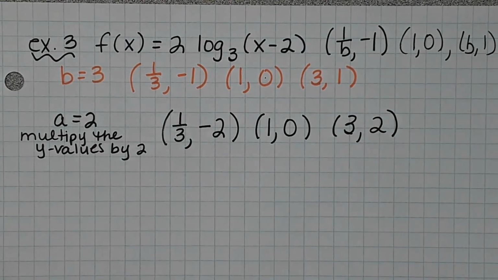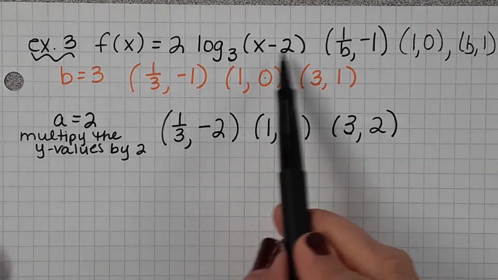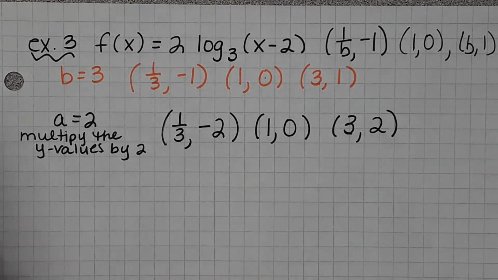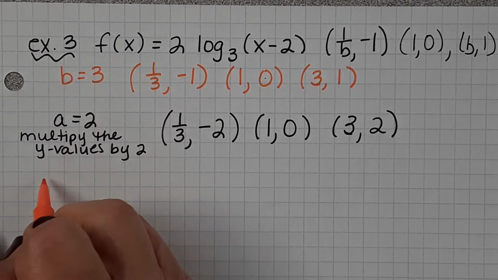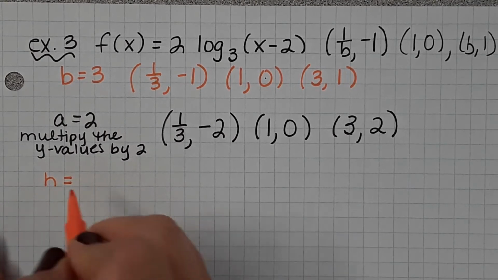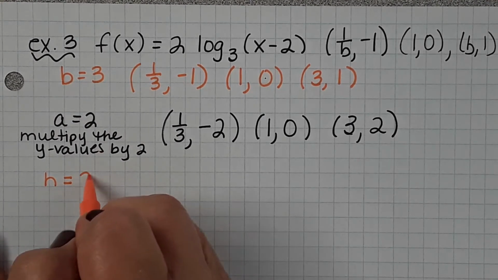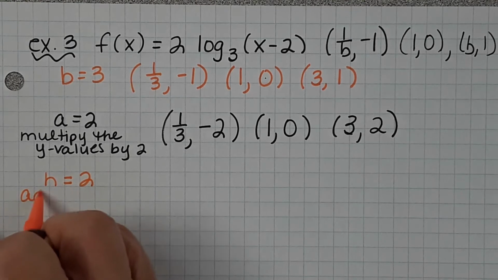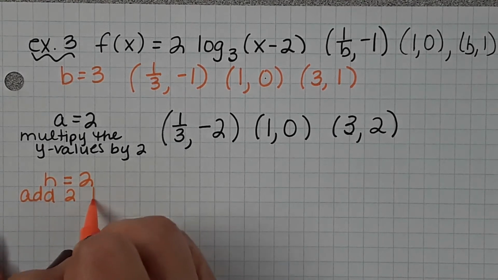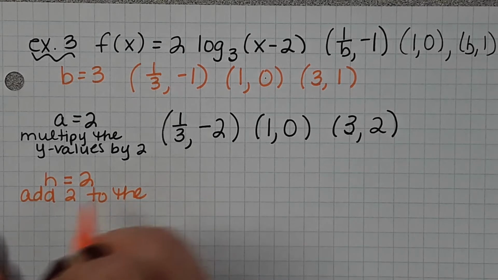After every time I do something, I'm going to ask you, is this the set of ordered pairs we graph? No. How do you know it's no? Because there's something in the parentheses. Inside the parentheses is negative 2, so that means H is positive 2, so that means we're going to add 2 to the X values.